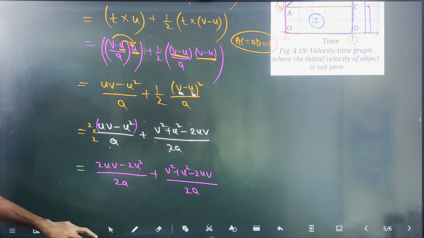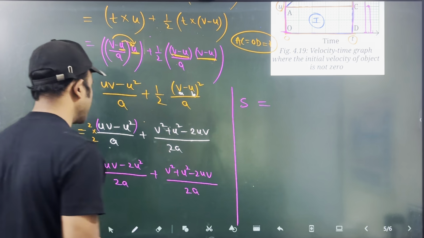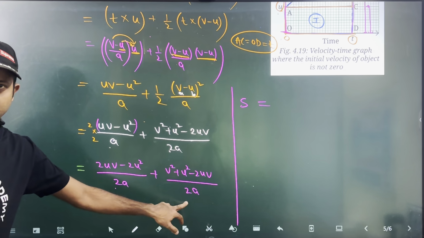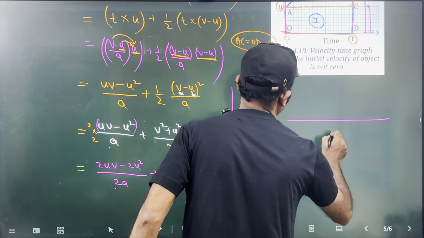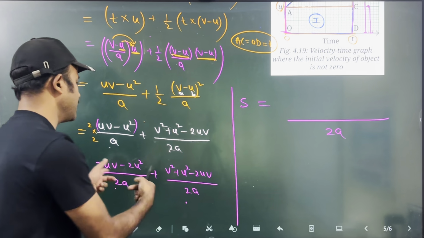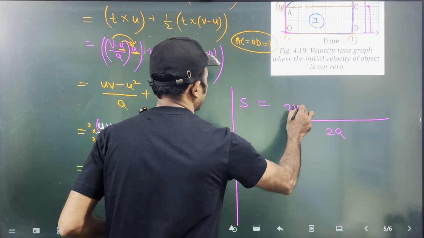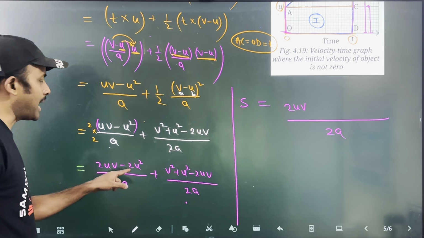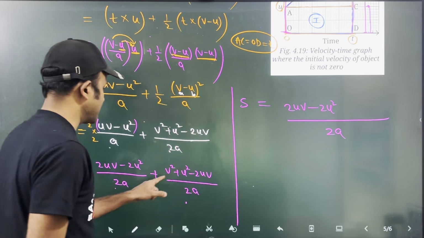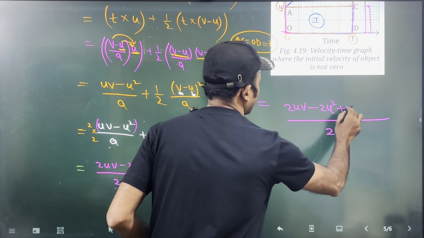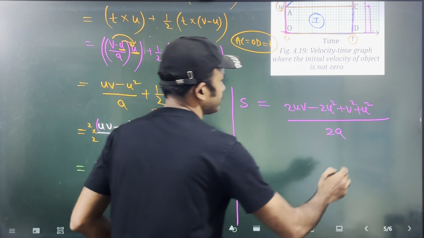So in the next step, S equals, now the denominator value is the same, that is 2a. Now we can add up the numerators. Whatever numerator we have in the first term, you write here, 2uv minus 2u square, plus v square plus u square minus 2uv.